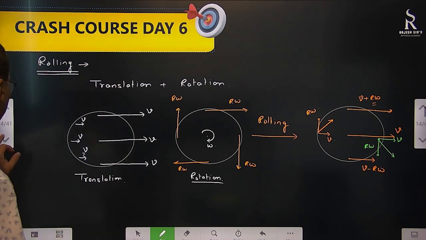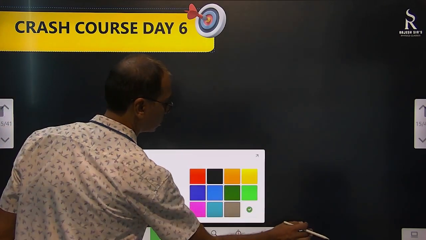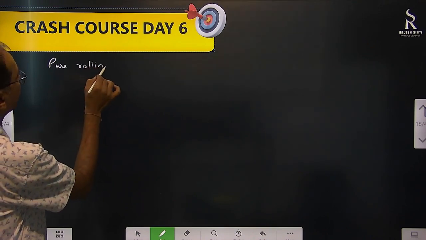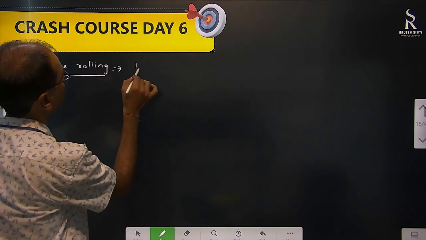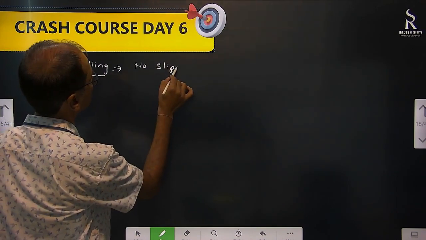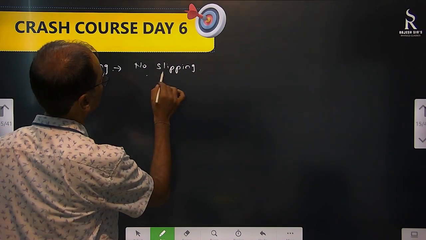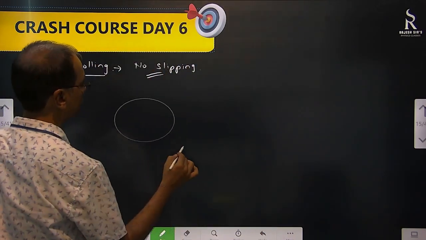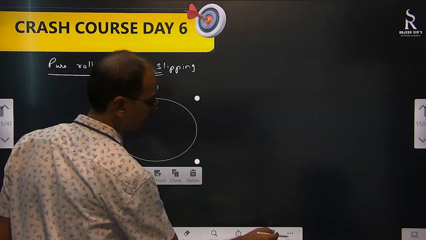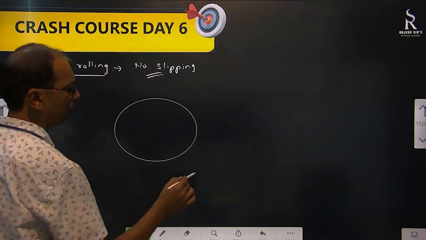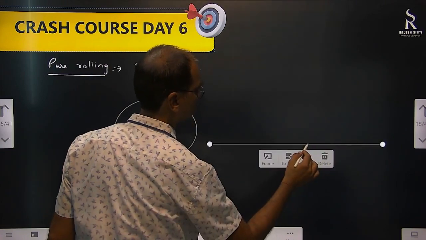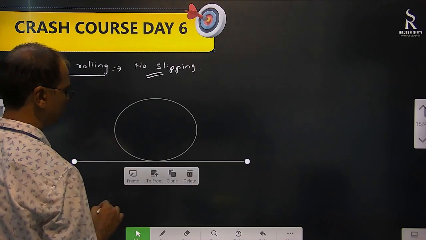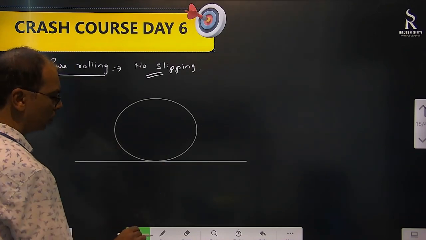What is the meaning of pure rolling now? Pure rolling means no slipping anywhere. If this is a rolling body and we are keeping it on the ground, we are saying it's in rolling.